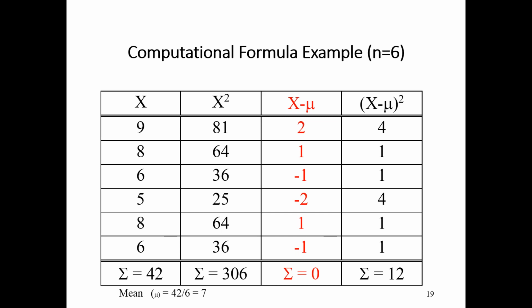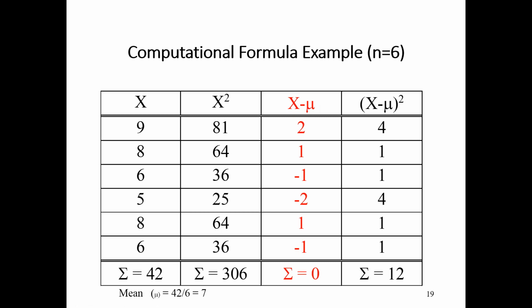Now for the computational formula, let us look at this figure. X in the first column are the different values of different persons, 9, 8, 6, 5, let us say it is hemoglobin. Now I square these values, each of these, 81, 64, like that. Mu is usually indicated for the population mean; for this example, it is a mean.